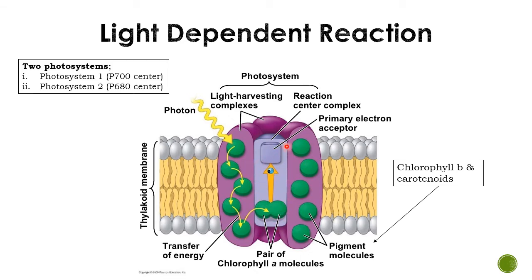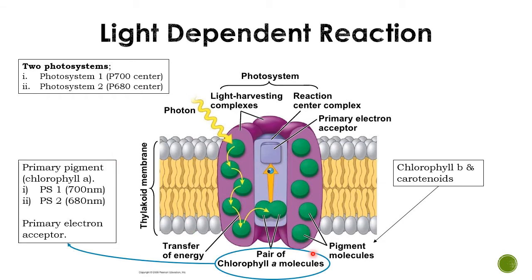And we have two types of photosystem in the light-dependent reaction, photosystem 1 and photosystem 2. These two photosystems are differentiated based on the ability of chlorophyll A to absorb either 700 nanometer wavelength of light for photosystem 1 and 680 nanometer wavelength of light for photosystem 2.